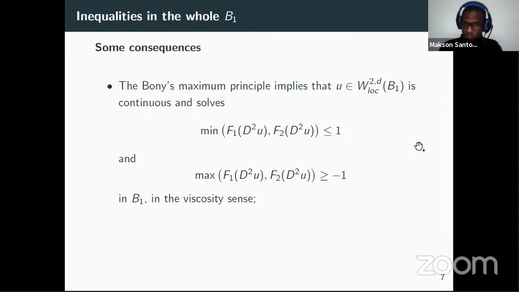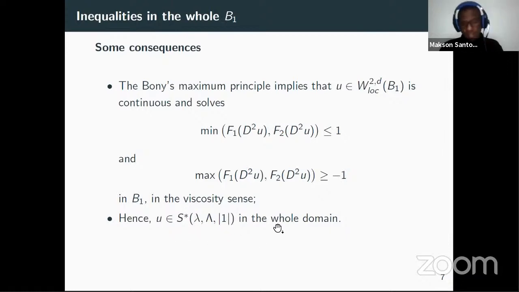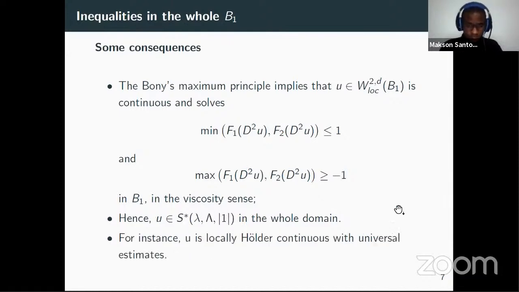And it follows that U belongs to this class of solutions, again, in the whole domain. And because of that, much more is known for this class of solutions. In particular, we have that U is locally Hölder continuous with universal estimates. Okay.